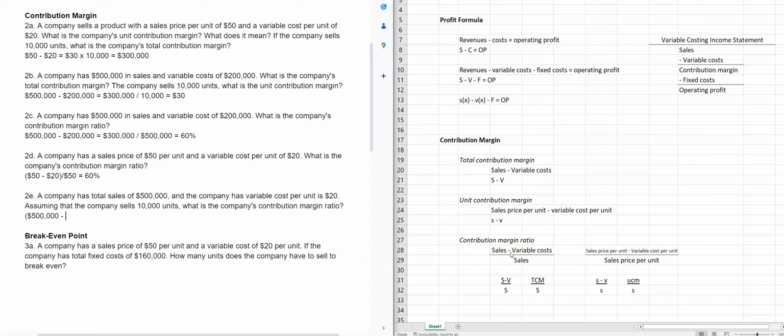Now, one thing that's very important to remember about the contribution margin ratio is that you can use totals, you can use per unit, but they have to stay consistent. So if I'm using total sales, I have to use total variable costs. So that $20, I'm going to have to convert that into totals by multiplying it by 10,000 units. So that means that my total variable costs are $200,000. Again, divided by $500,000, 60%. Okay.